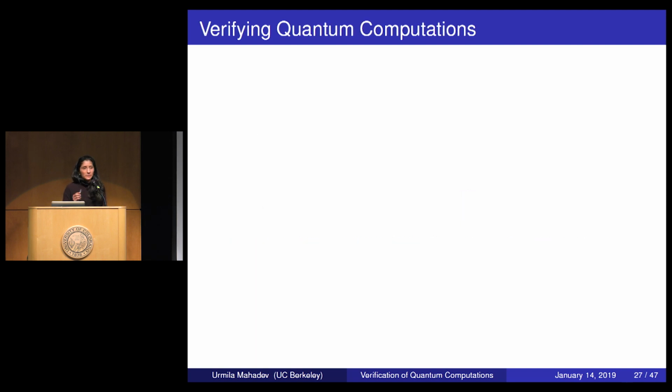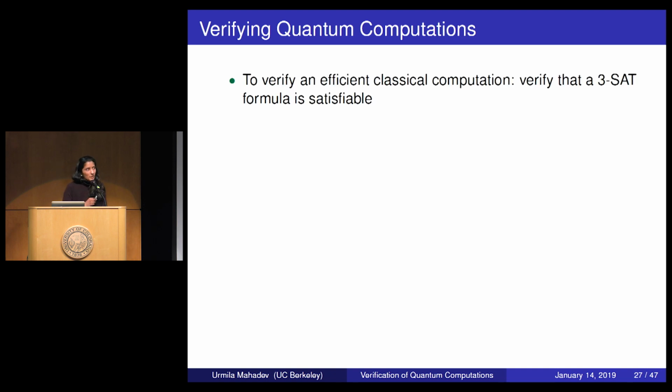To fill in the details, I'm going to go back to classical complexity theory for a second. Now, if you wanted to verify an efficient classical computation, the verifier would do it by first considering this computation as a 3-SAT formula, because you can always reduce to a 3-SAT formula. Then he would ask the prover for a satisfying assignment to this formula, and then all he has to do is verify that it's satisfied.